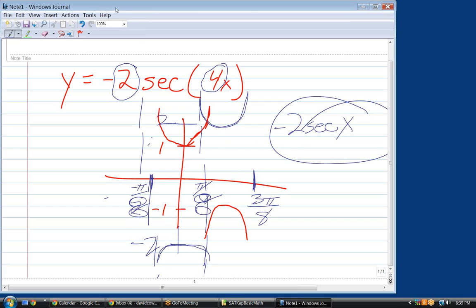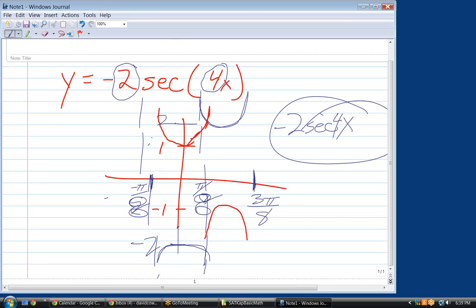And so the function I've drawn is minus 2 secant of 4x. And notice that if I did have secant of minus 4x, which was what the problem was, it would be a flip over the y-axis, which would be the same thing as what we're looking at.